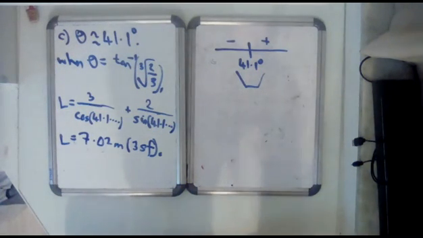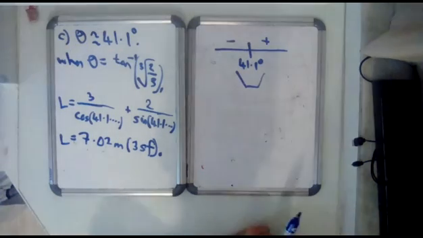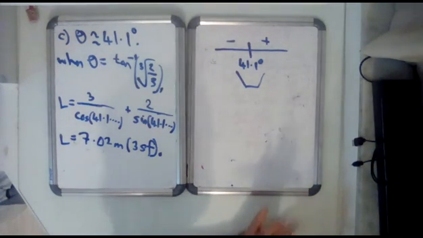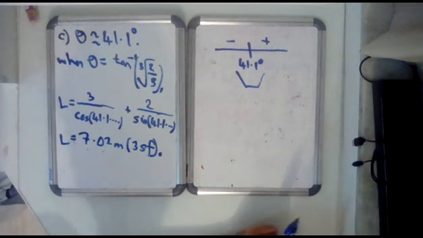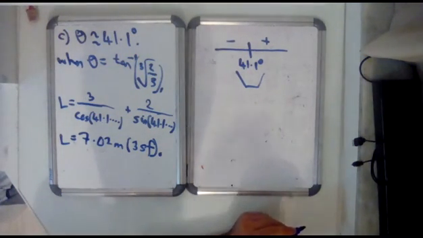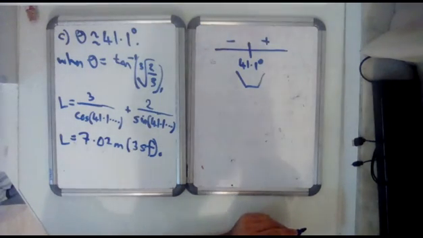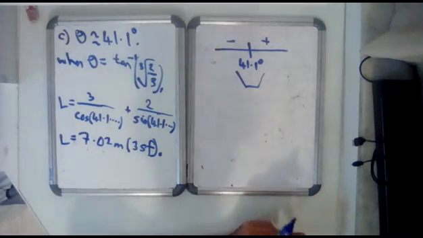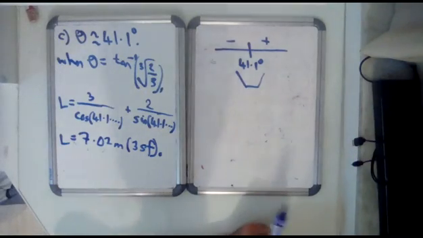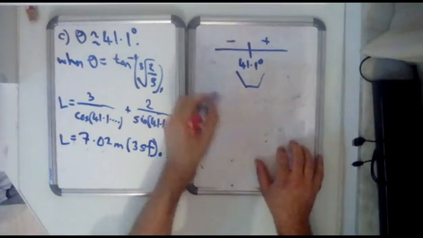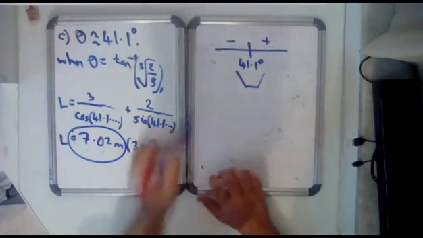So when theta equals 41.1 degrees, the length equals 7.02 meters. It's telling us that when you're at an angle of 41.1 degrees, that length AB will be at its minimum. So that's the smallest length that you're going to have to negotiate when you transport the rod. So basically, that corresponds to a length of 7.02 meters.